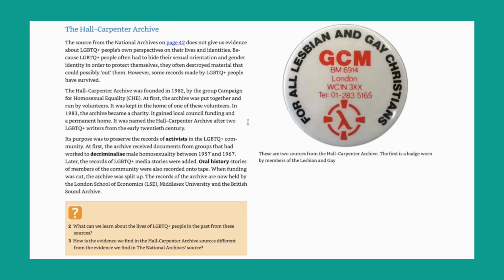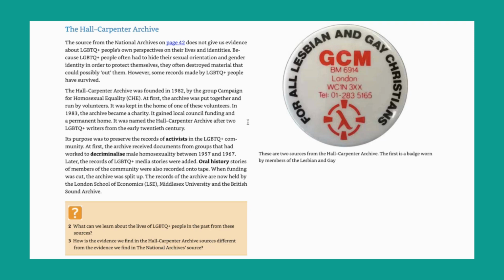Staying with the Hall-Carpenter archive, you can potentially also use this part of the textbook to take these questions even further. This page also includes some information not just about the evidence, but about the archives in which this evidence is held, including in this case the quite dramatic history of the Hall-Carpenter archive, which includes being kept in someone's flat, almost being shut down entirely in the 1980s.